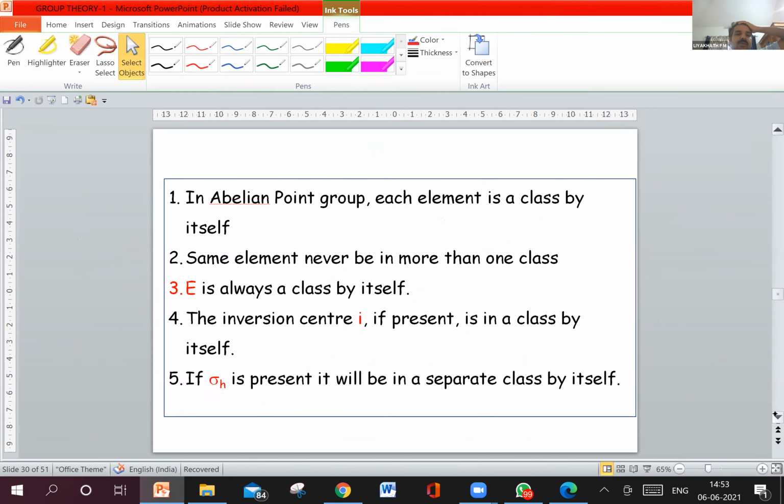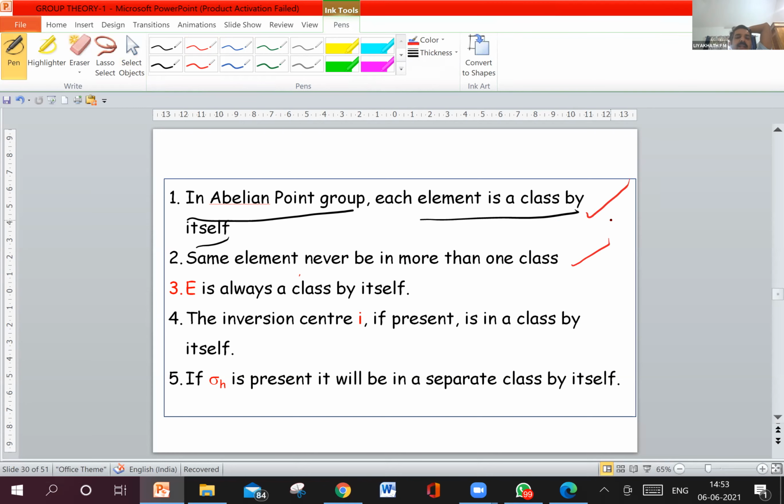Or in another way we can remember it like this. In an abelian point group, each element is a class by itself. We are summarizing what we have studied. That is, in an abelian point group, each element is a class by itself. Remember that point. Second point, the same element is never in more than one class.